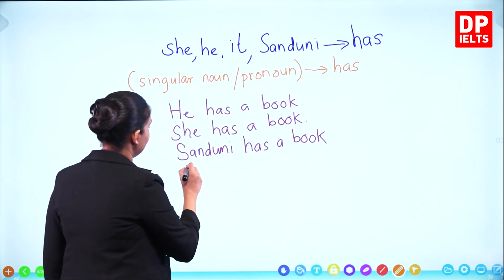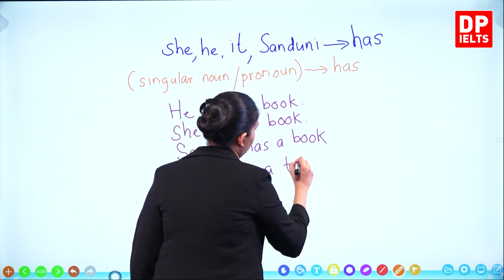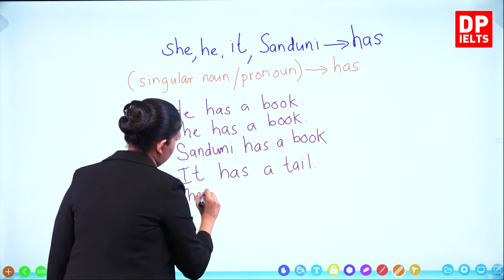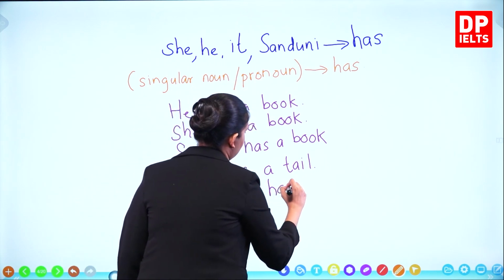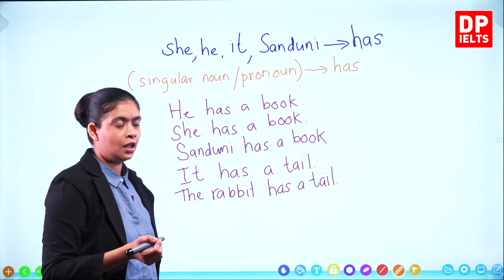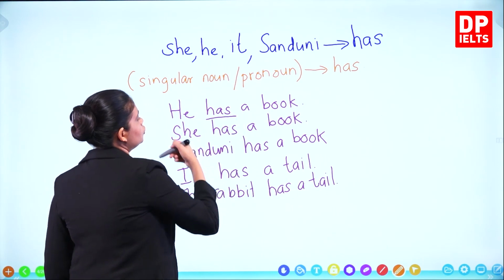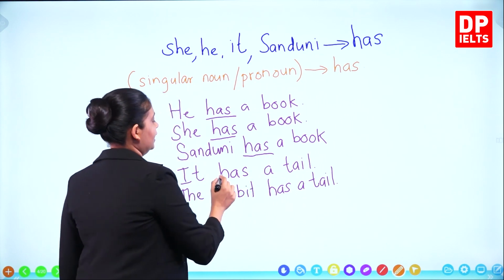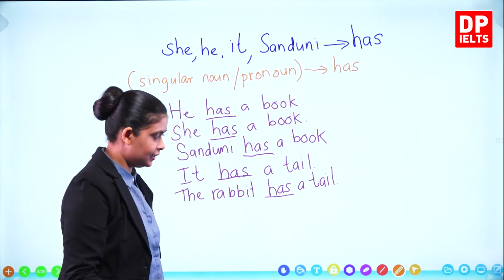Example, right? It has a tail. Or you can say the rabbit has a tail. Okay? Now, he has a book. She has a book. Sanduni has a book. It has a tail. The rabbit has a tail.